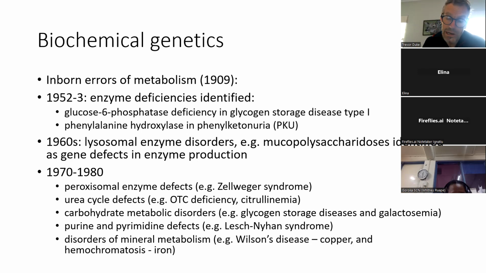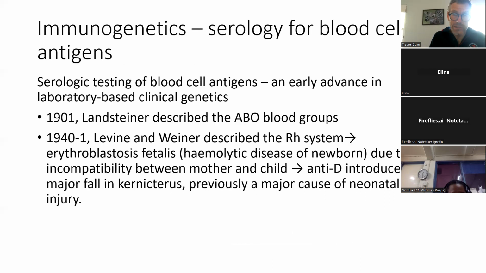That's relatively common, actually, hemochromatosis as a cause of liver dysfunction. So all of these different types of biochemical abnormalities were identified, and that formed the basis of biochemical genetics, which is another branch of genetics which we sort of need to understand.